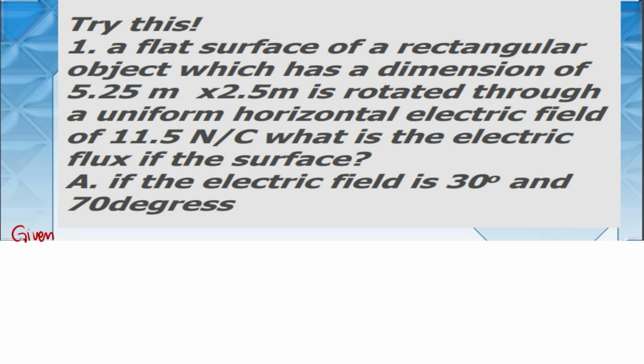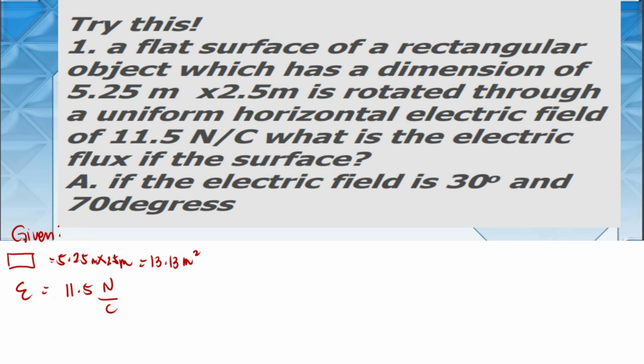Our given, we have the area of a rectangle which is 5.25 meters times 2.5 meters. We have here 13.13 meters squared. And also we have the electric field which is 11.5 newtons per coulomb.